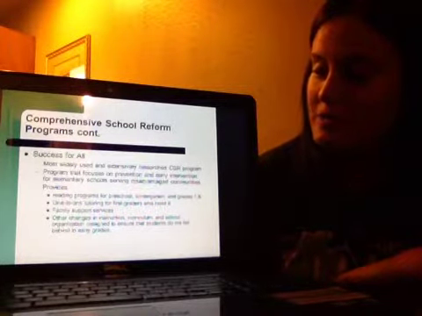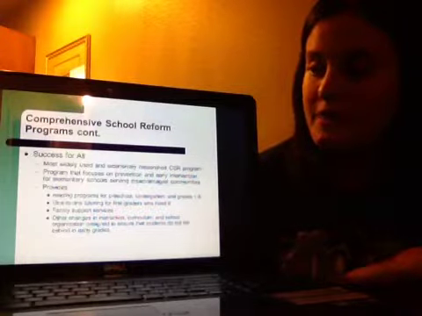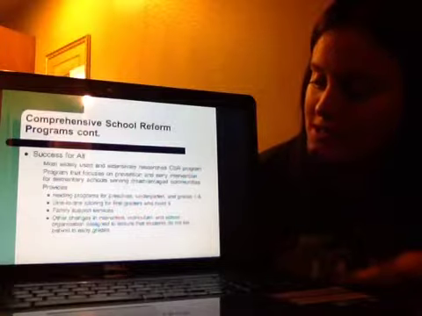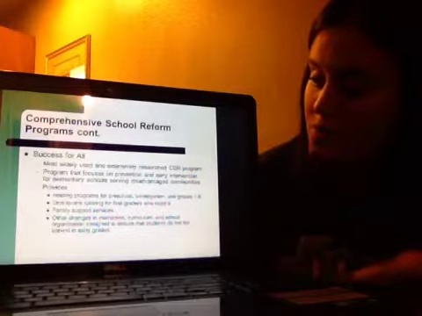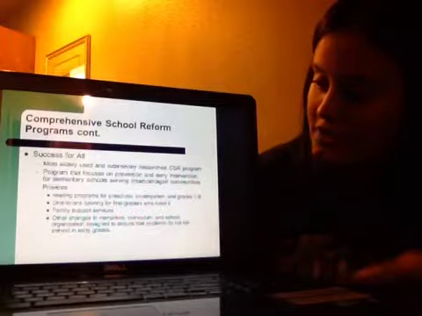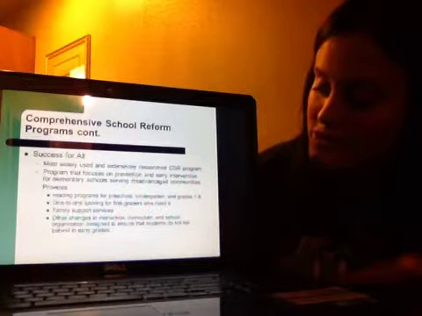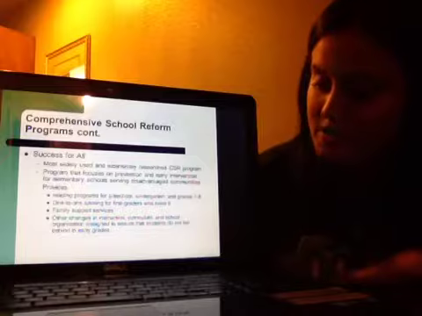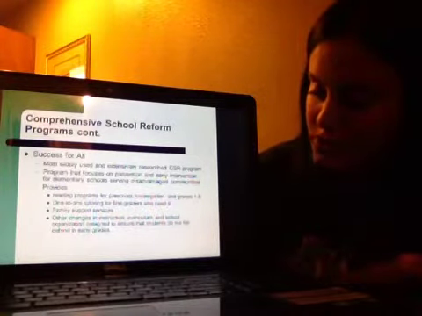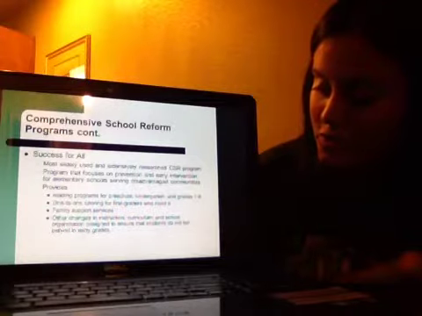Comprehensive School Reform continued. Another program that's offered with this is Success for All. It's the most widely used and extensively researched CSR program that focuses on prevention and early intervention for elementary schools serving disadvantaged communities. This program provides reading programs for preschool, kindergarten, and grades 1 through 8.